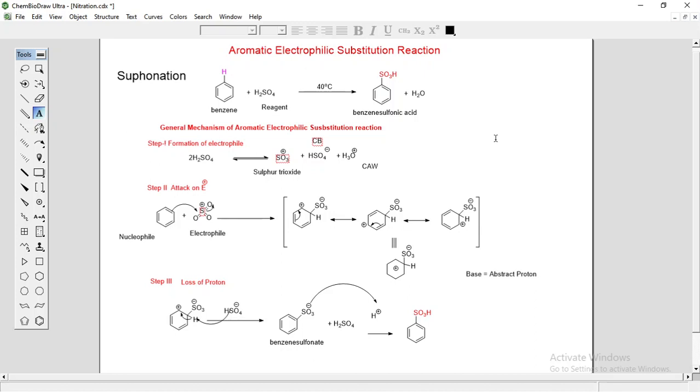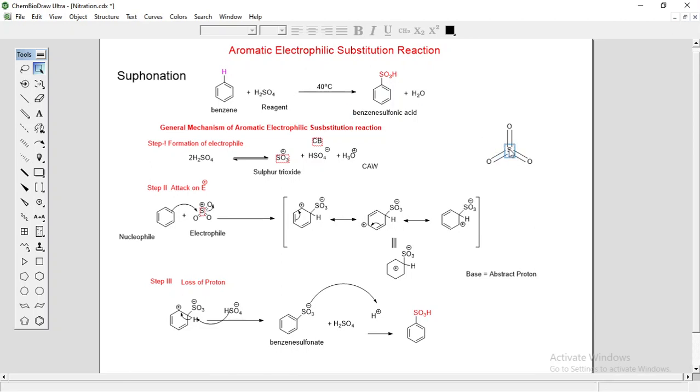So in this sulfur trioxide, let me draw it, there are 3 oxygens. It is attached to 3 electronegative atoms. This sulfur is electropositive because it is attached to oxygen, and oxygen is more electronegative than sulfur. So this oxygen withdraws electrons towards itself and makes this sulfur electropositive.